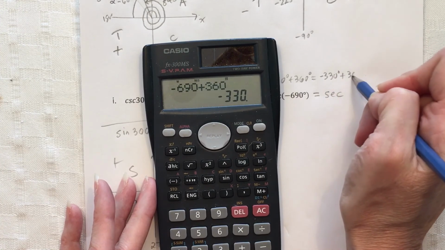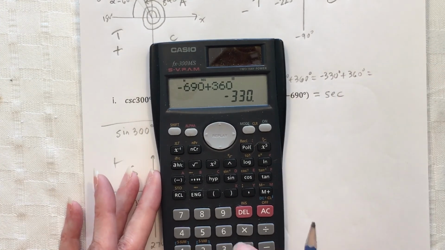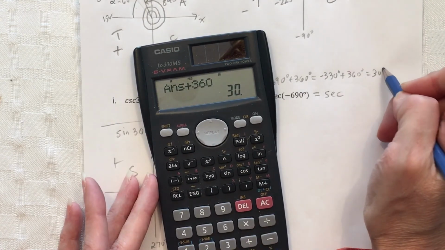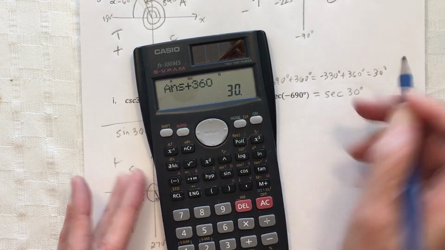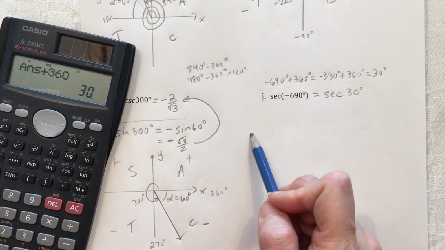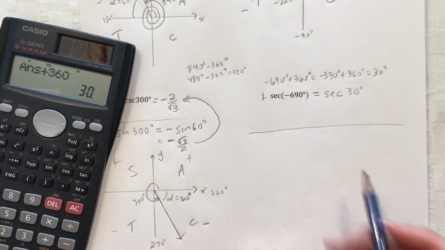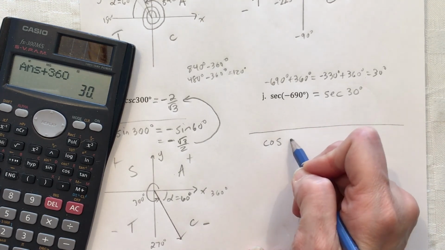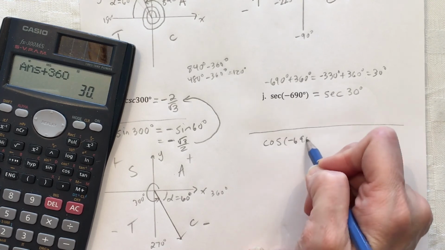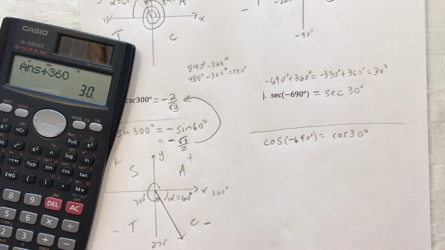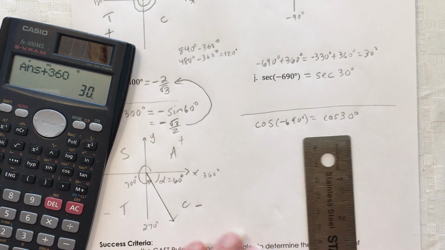Adding 360 again means it has the same terminal arm as the angle 30 degrees. So that's where we're going to draw it. We're going to leave some space and focus on the cosine of negative 690, which is also going to be the cosine of 30. I'll show you why that is in a second.